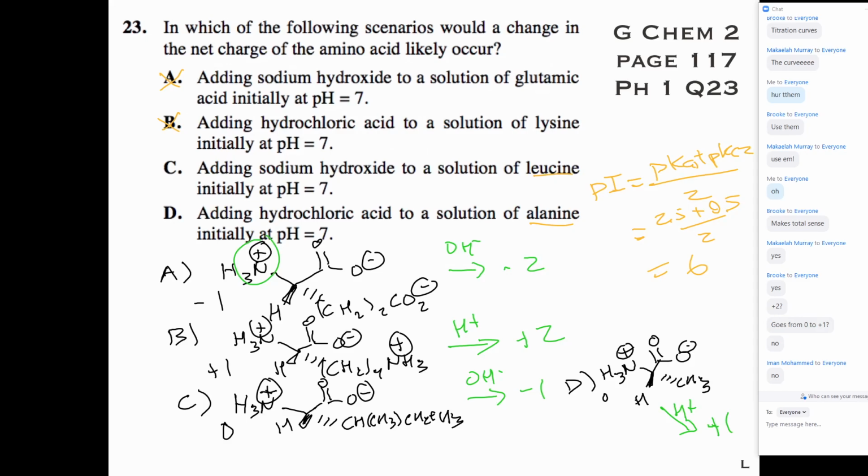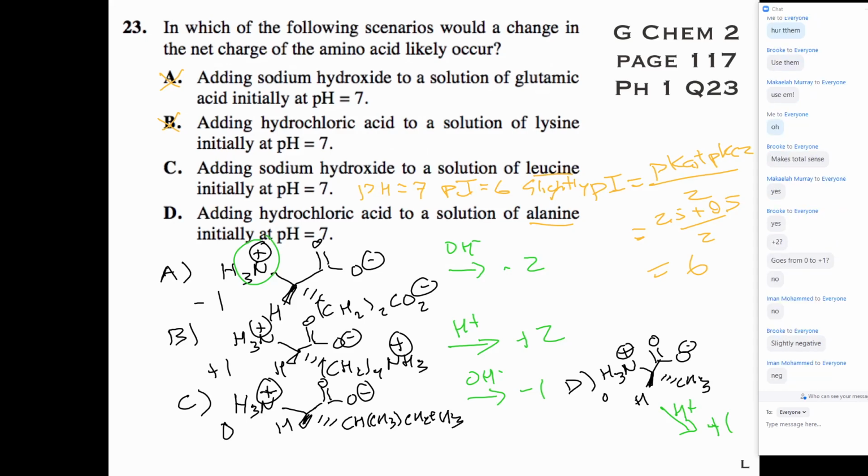When pH equals 7 and PI equals 6, do you agree it's slightly negative or slightly positive? When pH is slightly higher than PI, slightly negative, which means I need to correct this and say negative delta, and this one is negative delta.